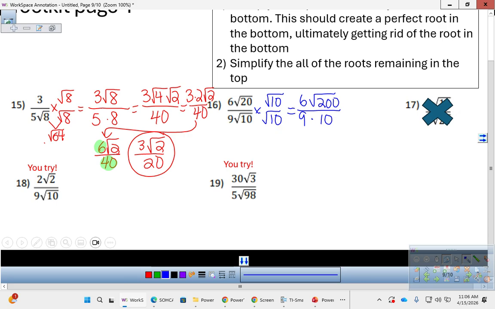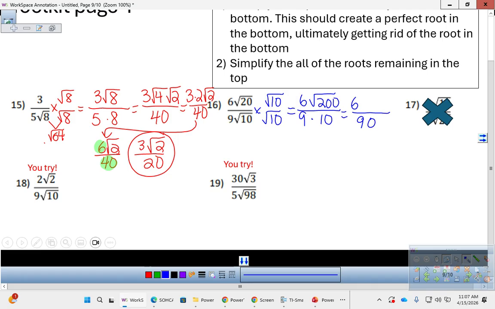Are you okay with that so far? So the 9 times the 10 becomes a 90. And I got this 6. Now for 200, if I wanted to split that up, I'd go y equals 200 divided by x, and I'd start with 200, which is not a perfect square, and I'd go down the list.